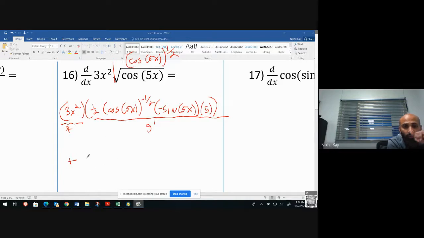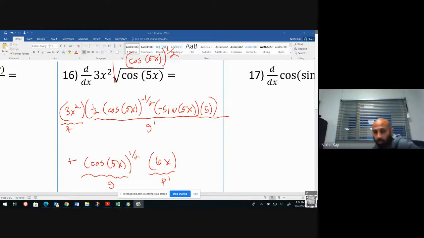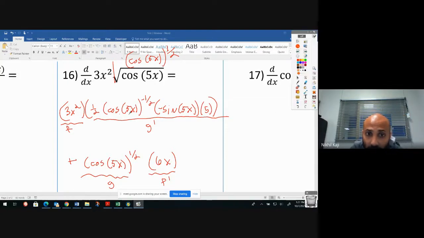You can put the square root or the 1/2 power, whatever you prefer, times f prime. That was my product rule. Using double chain rule inside of it.